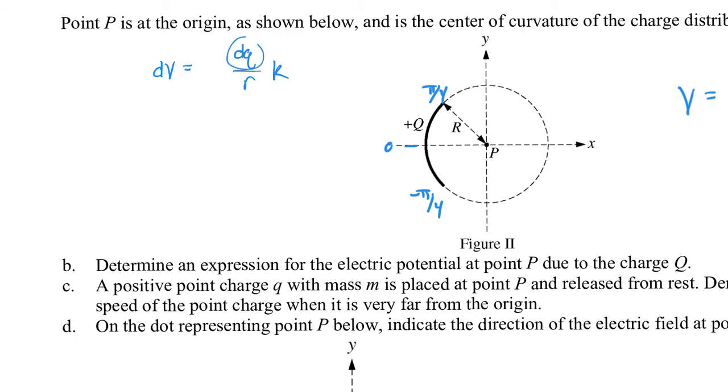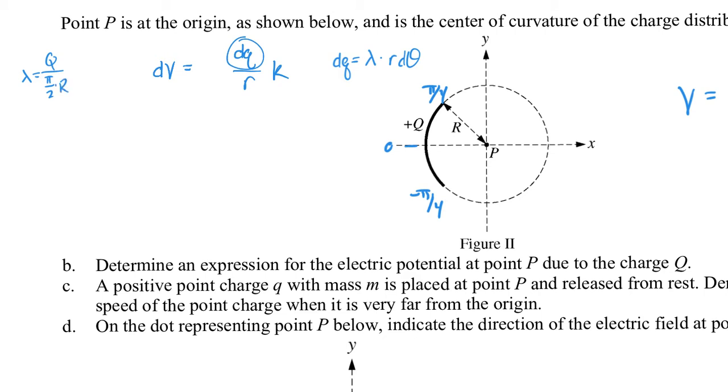by taking dq and replacing it with something like dq equals lambda, the charge density, times r d theta. Lambda would have to be the total charge divided by the total length of this, which is a quarter circle, or pi over 2 times r.